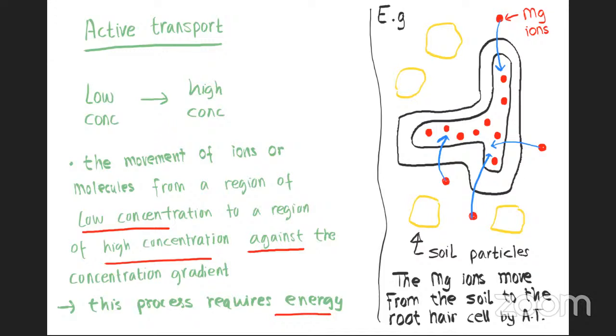Also, guys, one thing that I want to announce: the active transport evaluation. We are done with the movement chapter, the movement of substances in and out of the cells: diffusion, osmosis, active transport.